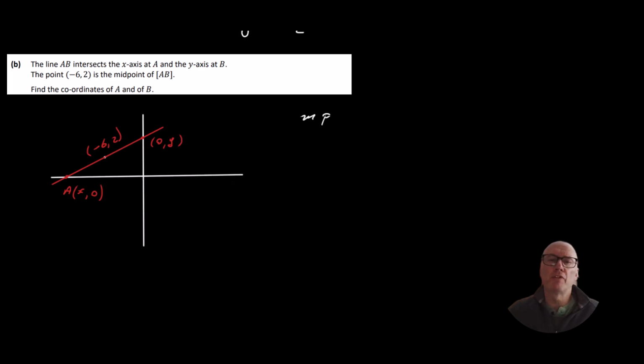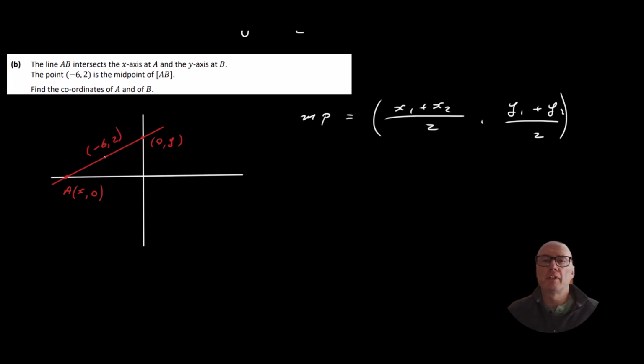Remember our midpoint formula is x1 plus x2 over 2, y1 plus y2 over 2. So in our case, our midpoint here, x is minus 6. So minus 6 is going to be equal to x, this x value here, plus this x value here over 2. And our y value, this 2 here, is equal to 0 plus this y value here divided by 2. So 0 plus y over 2.